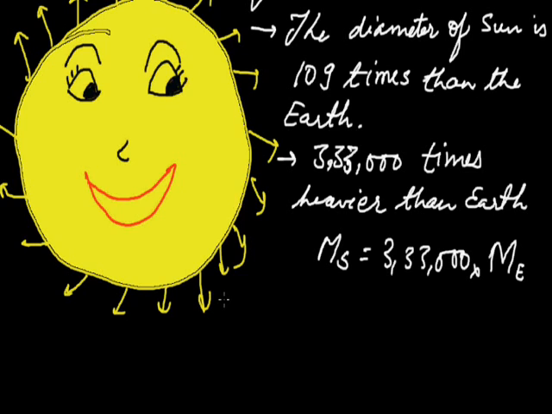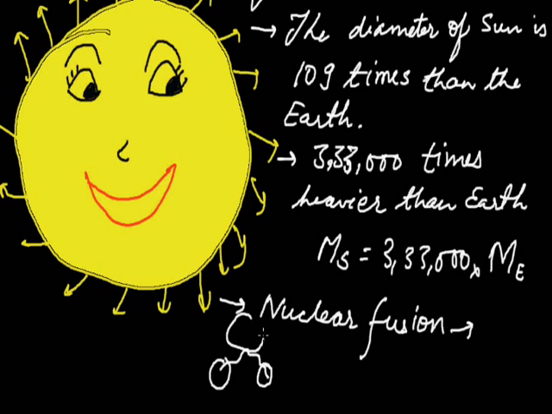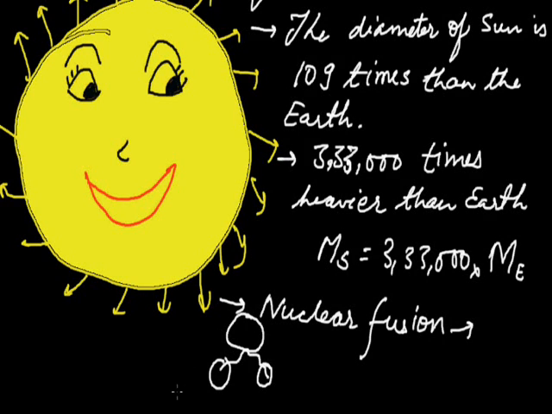The secret of the Sun's energy is the nuclear fusion process. Nuclear fusion is the process in which two lighter nuclei combine to form a bigger nucleus, and on the Sun, hydrogen nuclei continuously undergo nuclear fusion and change into helium nuclei.